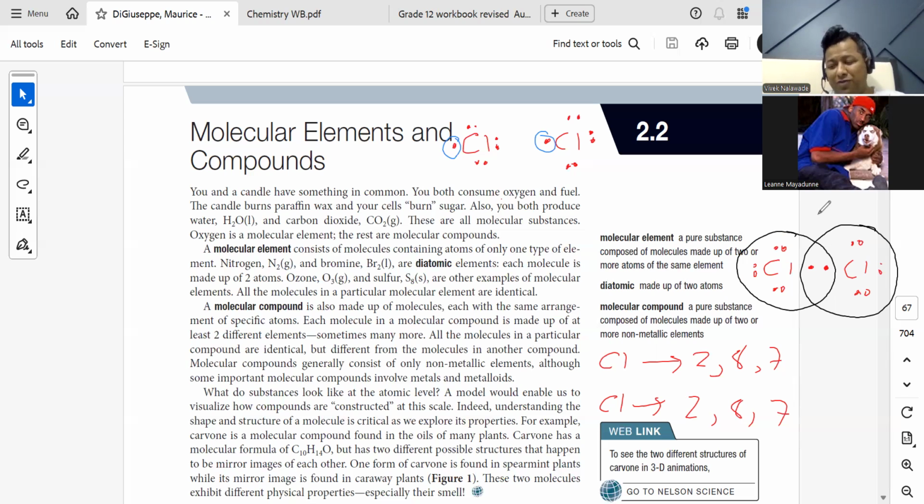And why do they both need one electron? Because they want to achieve full stability. That means a full outer shell. Full outer shell means the octet needs to be complete. So remember the term octet. It is extremely important.